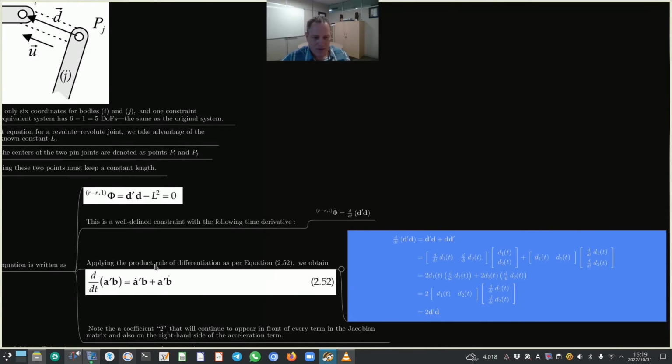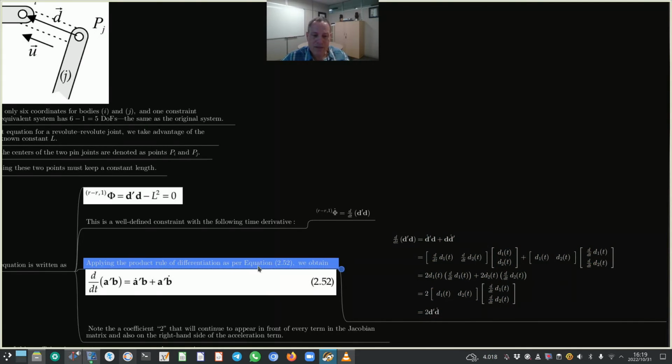Now, applying the product rule of differentiation as per equation 252, the time derivative of A transpose B is A dot transpose multiplied by B plus A transpose multiplied by B dot.